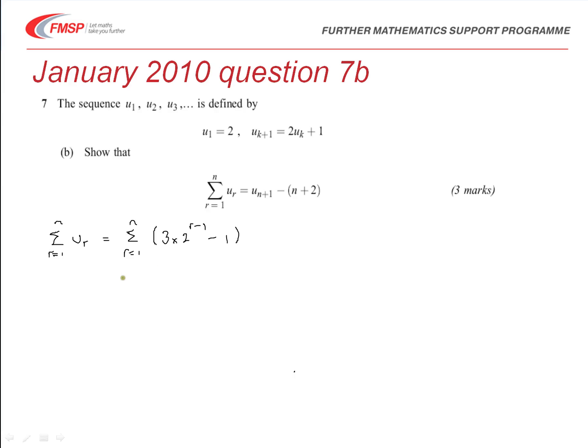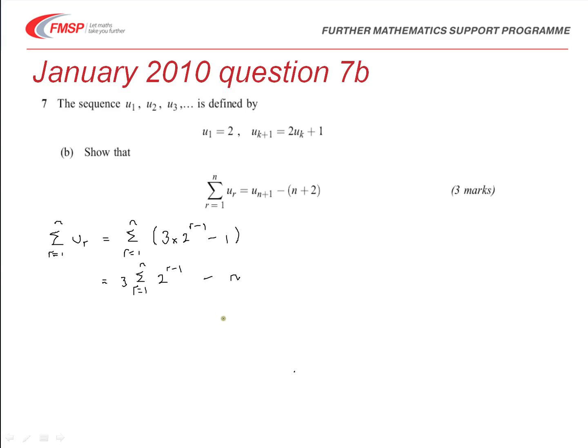And so we can see that we can split this up. We're taking out our factor of 3, and then we got the sum from r from 1 to n of 2 to the r minus 1, minus, and then the 1 of course is subtracted from each of the n terms, so this becomes minus n here.